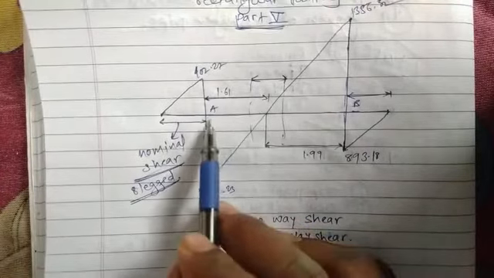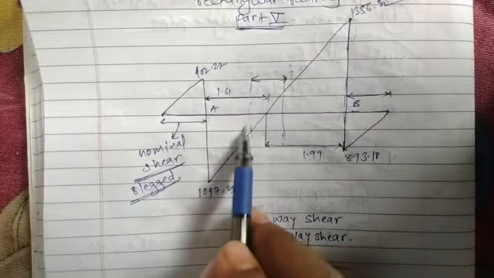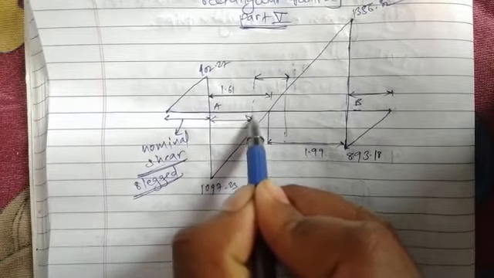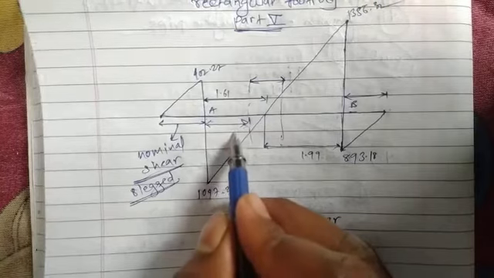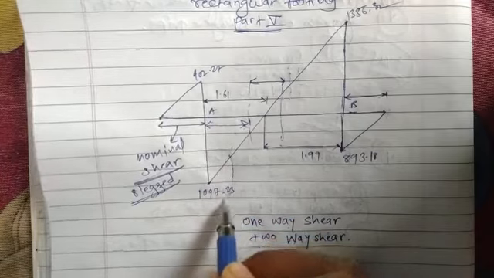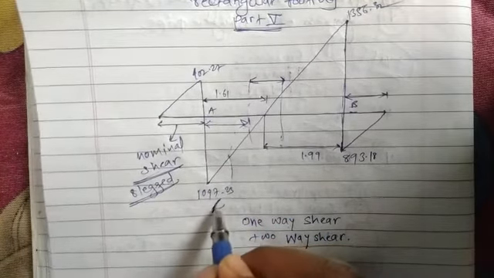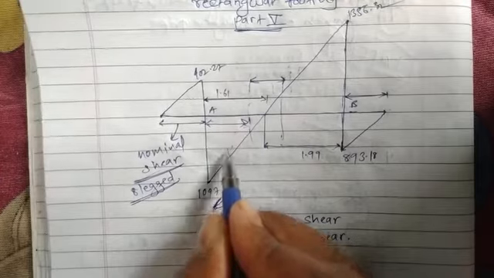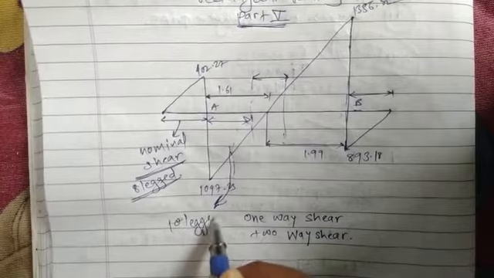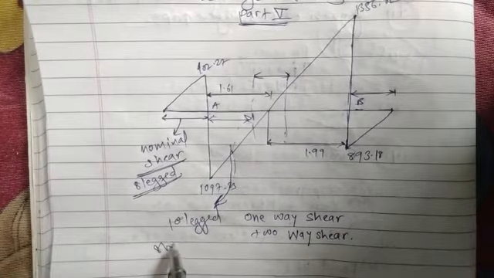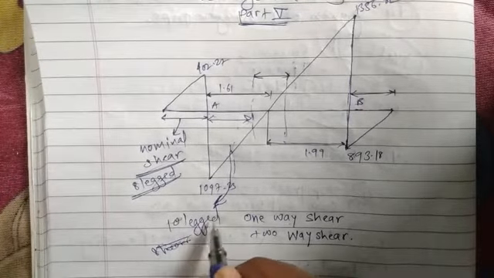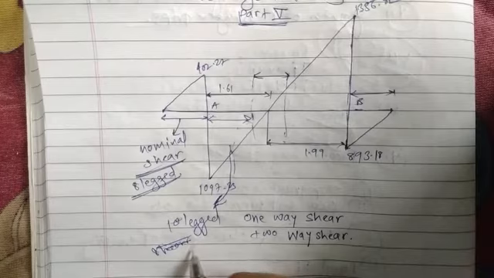Here we can see that in this portion we have larger shear forces acting. Okay, so in this portion we need to take some extra care of the footing, so that's why we need to provide some extra shear reinforcement here. So we will provide 10-legged stirrups.